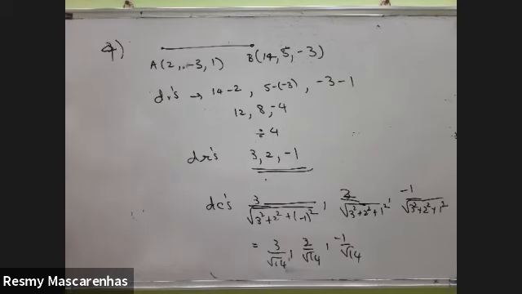Fifth one, it's direction cosines, not the ratios. Find the DCs of the line passing through those two points. They have given four options. I think this was from the question paper, so mark the correct option.